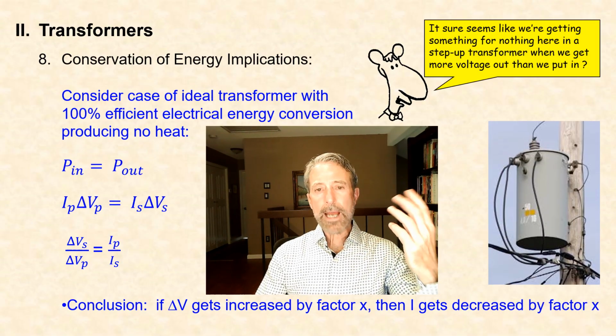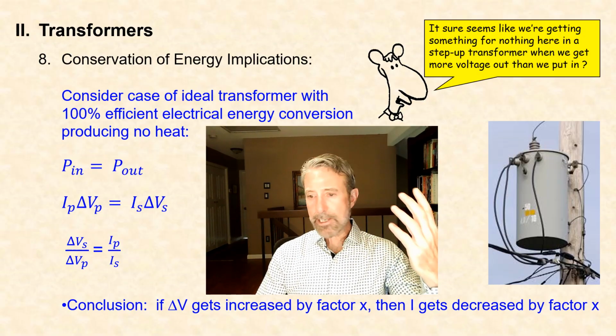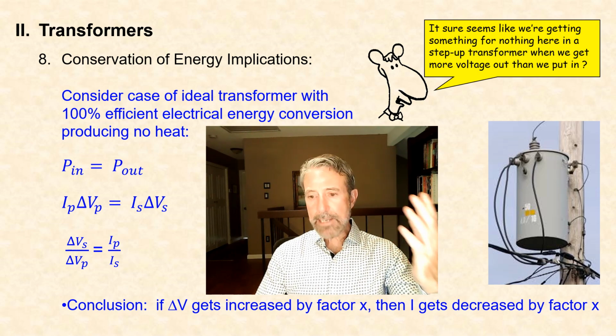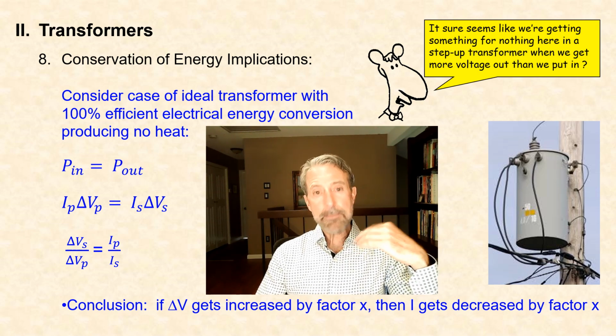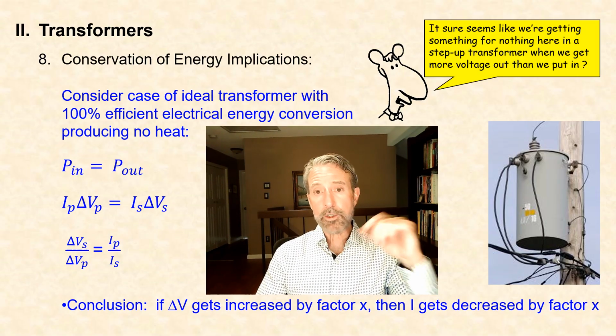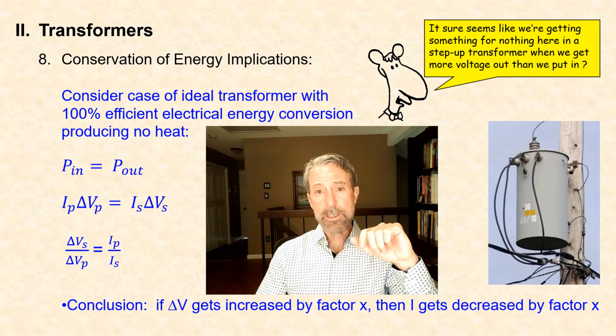Just want to point out, remember what we said previously about the case of electrical power transmission. We said that AC power transmission has the big advantage over DC because of the fact that voltage can be stepped up or down with transformers. This is not the case of DC power transmission.